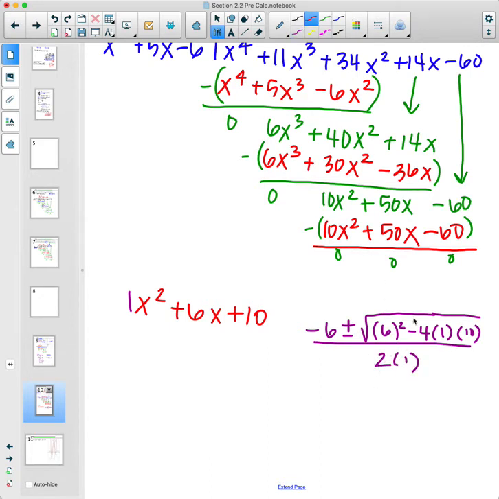I'm going to simplify what's underneath this root. 6 squared is 36. Negative 4 times 1 is negative 4, times 10 is negative 40. So we have negative 6 plus or minus the square root of negative 4, divided by 2.